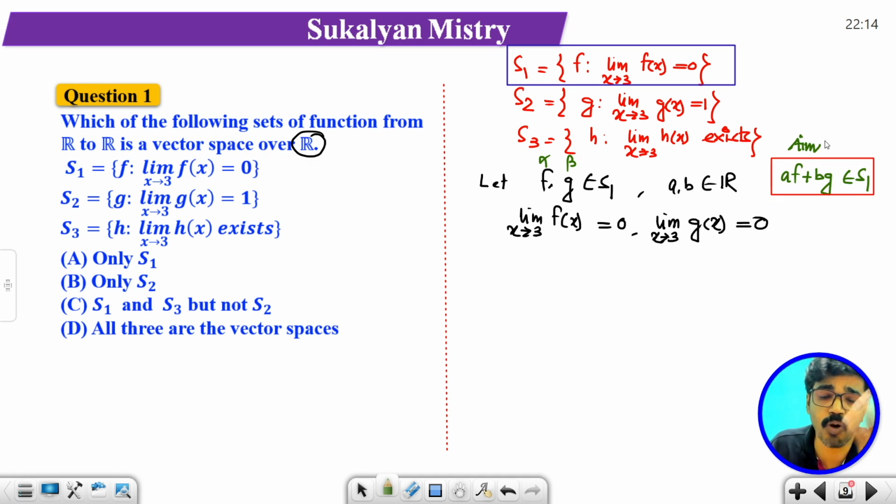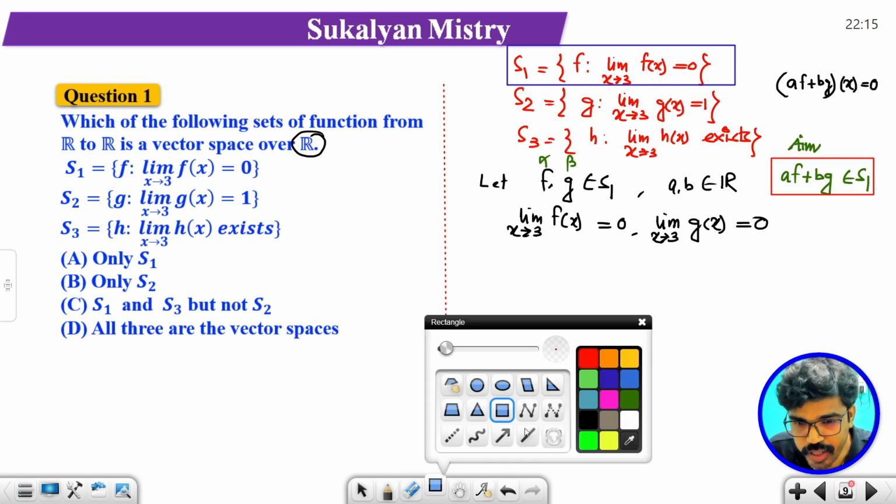So when will af plus bg be an element of S1? How is the set S1 defined? f is a function such that limit x tending to 3 of f(x) is equal to 0. So af plus bg belongs to S1 when it will happen if limit of (af plus bg)(x) is equal to 0.